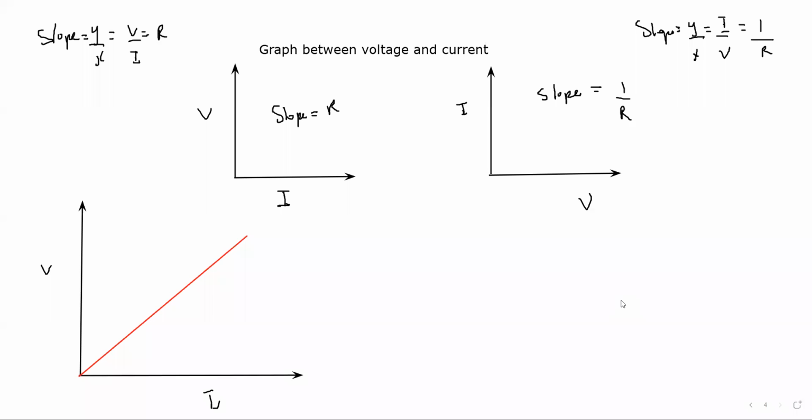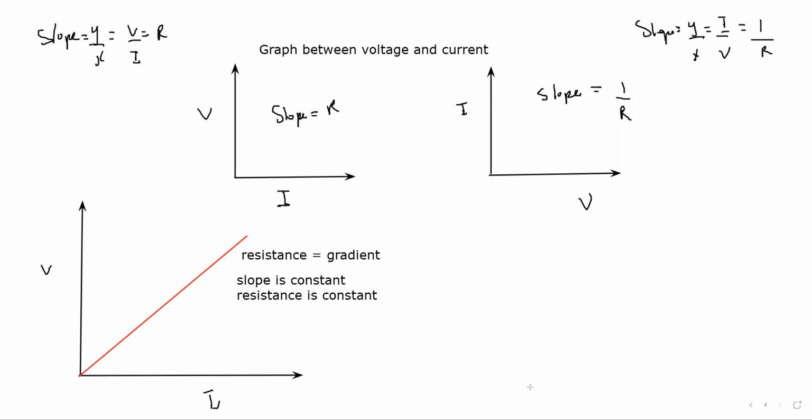So the slope is constant. If the slope is constant, it means the resistance is constant. Yes, the resistance is equal to the gradient or the slope. So if the gradient is not changing, the resistance is not changing.